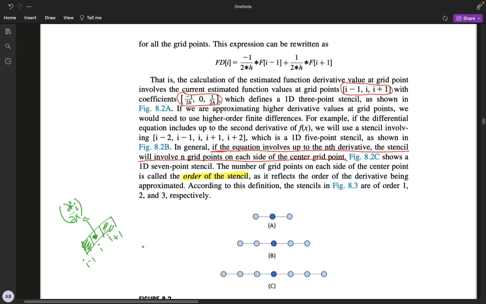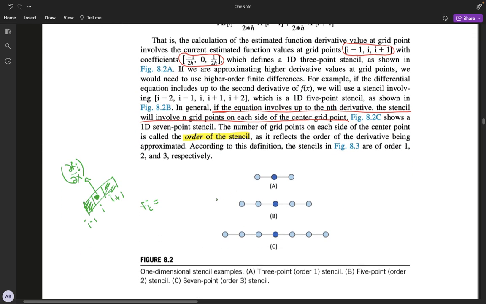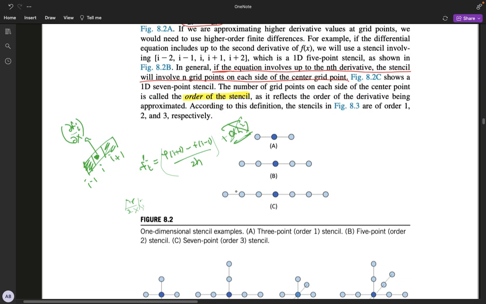From Taylor expansion we know that f dash of I, or df by dx at I, is equal to f of I plus 1 minus f of I minus 1 by 2h, plus order of h square, an error, so we just neglect that. So we have this formula.